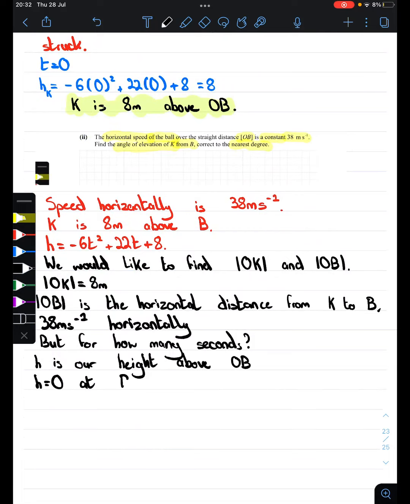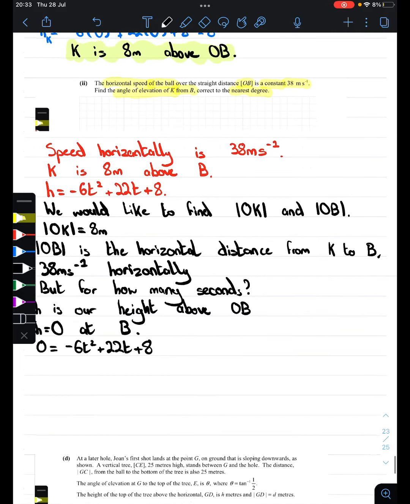So now we can let h equal 0 in our formula for h, minus 6t squared plus 22t plus 8. This will allow us to get how long it takes for the ball to reach B.